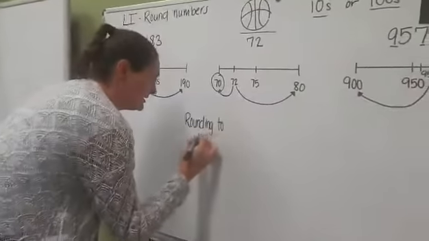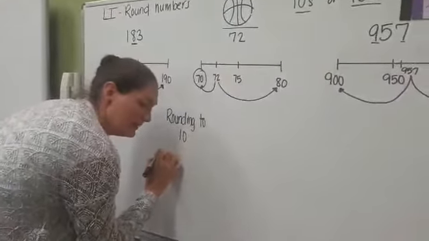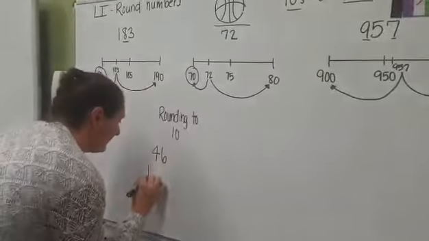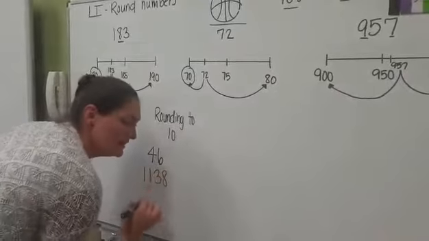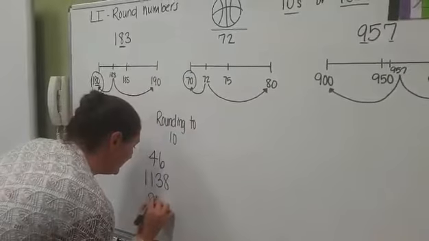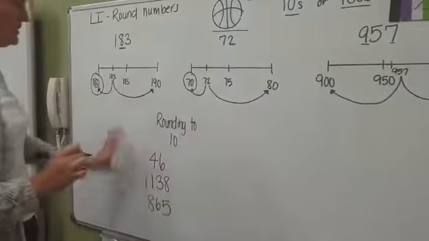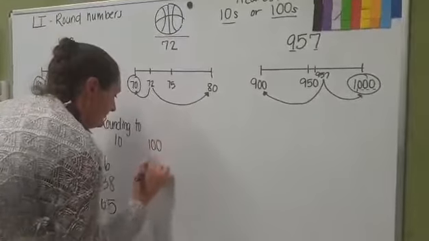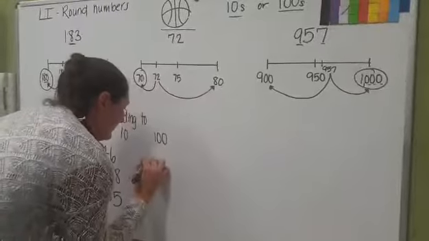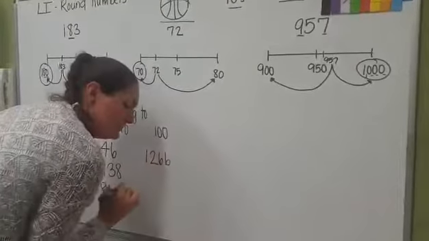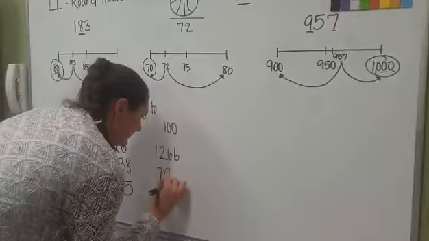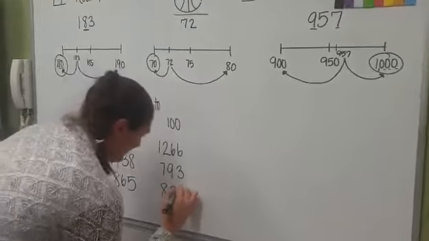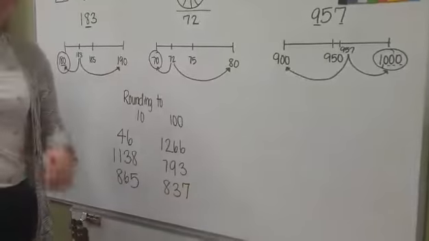Rounding to the nearest 10, you're going to have the numbers 46, 1,138, and 865. You're going to practice those, so that's 3 different number lines. And then rounding to the nearest 100, I'd like to see 1,266, 793, and 837. All right, give those a try and we'll see how you go.